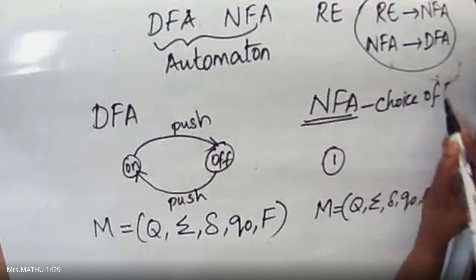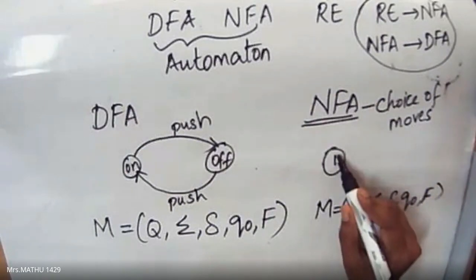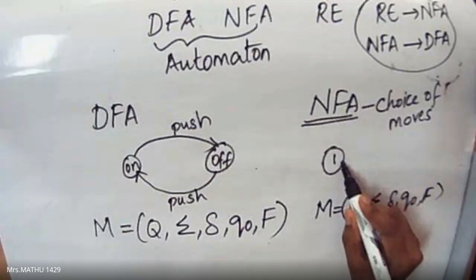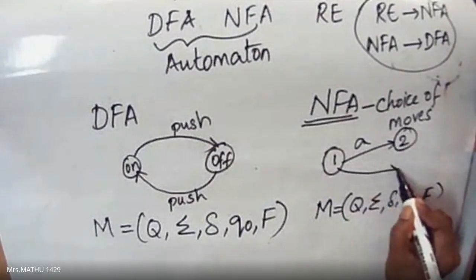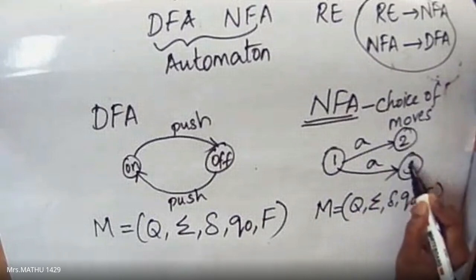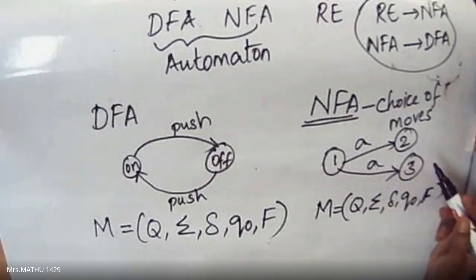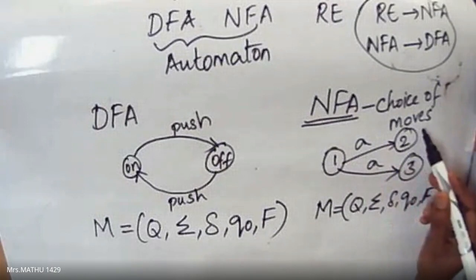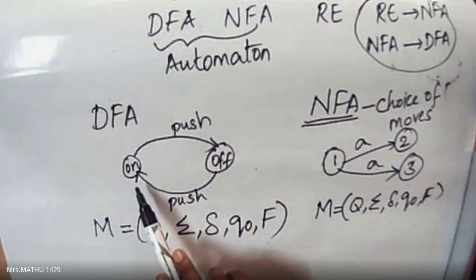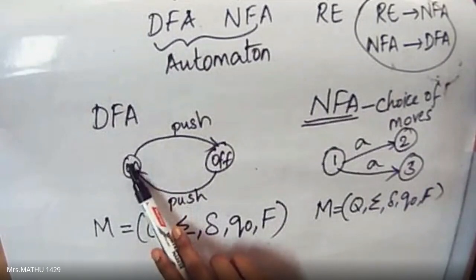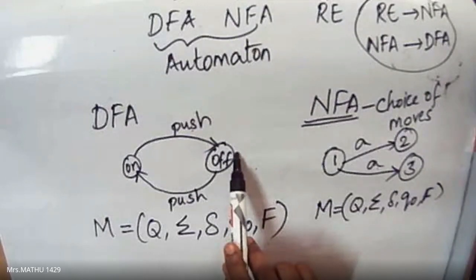For example, from state 1, if I give input A, it may go to state 2 or it may go to state 3. But in a DFA it is not like that; from this state, on this particular input, it will definitely go to one state only.